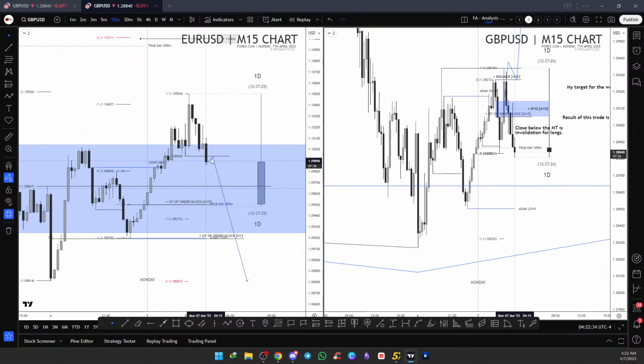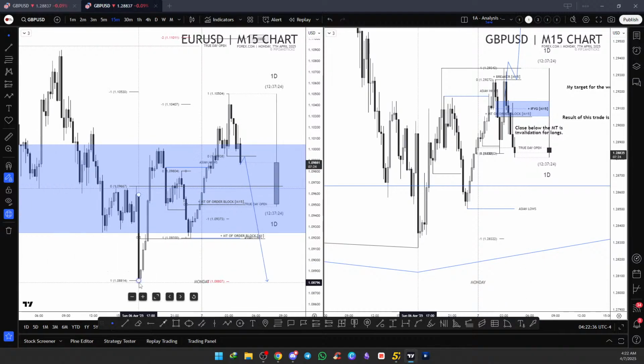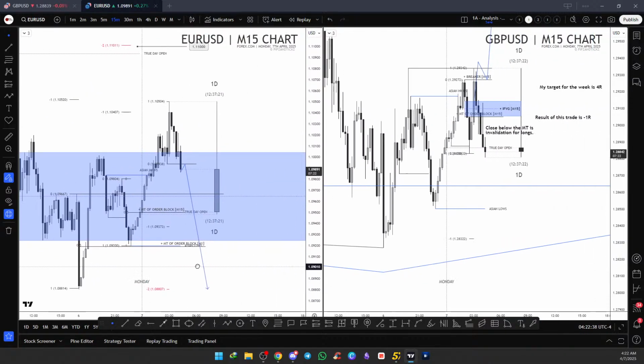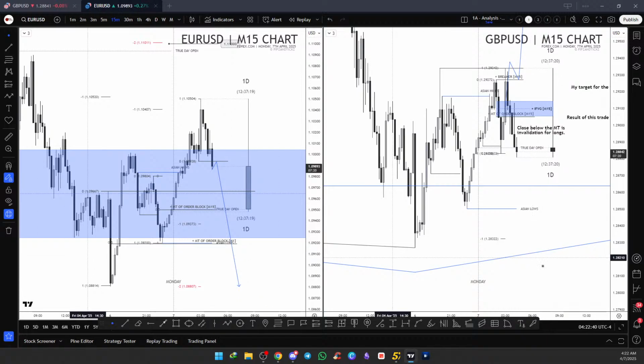I'm expecting EU to take out this low here because it can happen. So let's see if it closes below. If EU closes below this low here, then I will look for a short entry from this breaker.